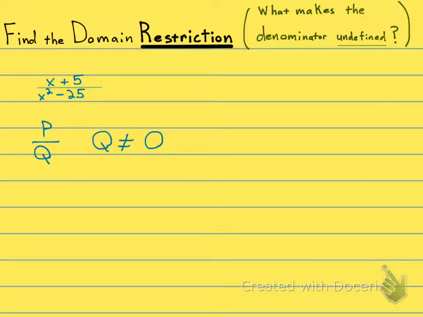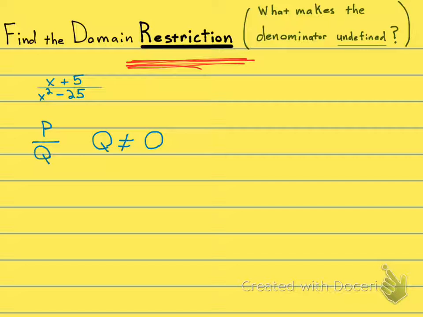So you're going to see some questions that ask, what makes this undefined? Another way they're going to ask it is, what is the restriction on the domain? The domain is really just what values can you plug in for x. Normally your domain is everything. You can plug in anything you want, right?